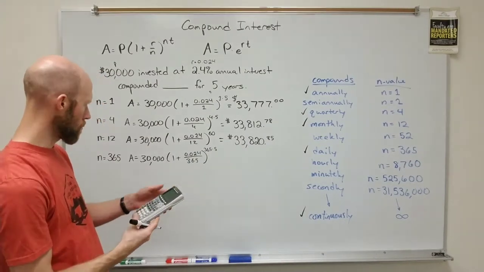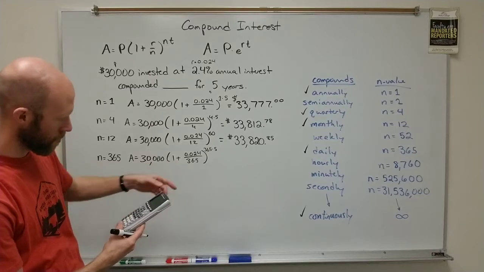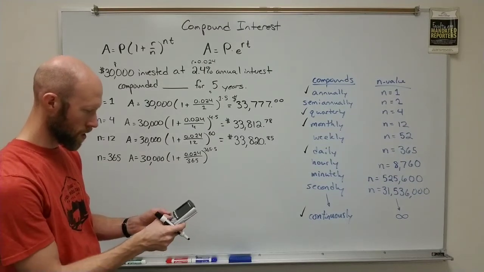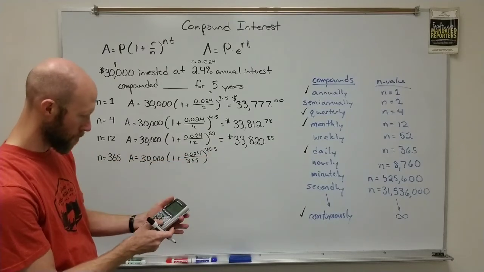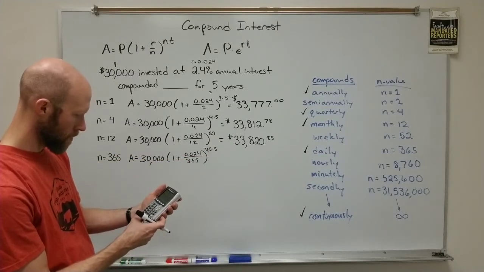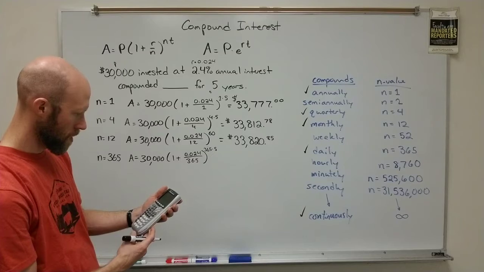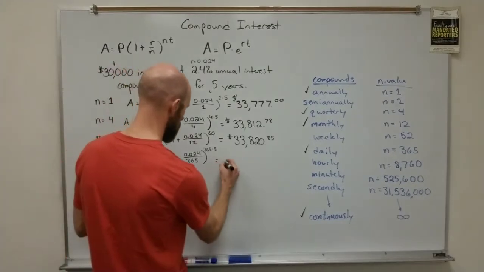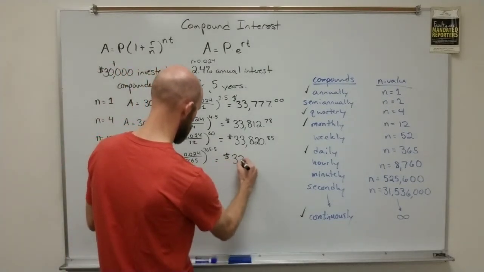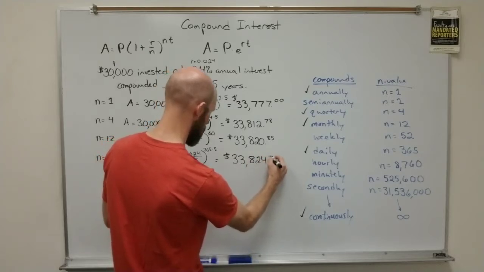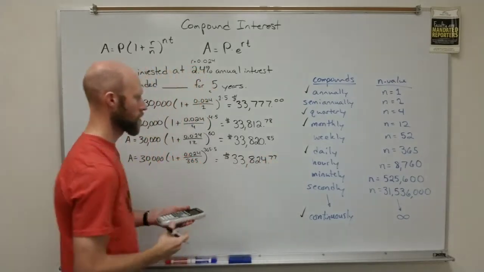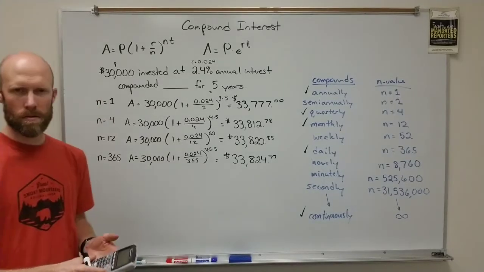So I'm going to change my 12 over to 365, and then my power up here is going to be 365 times 5. And that gives me $33,824.77. So that gives you another $4, okay, almost.